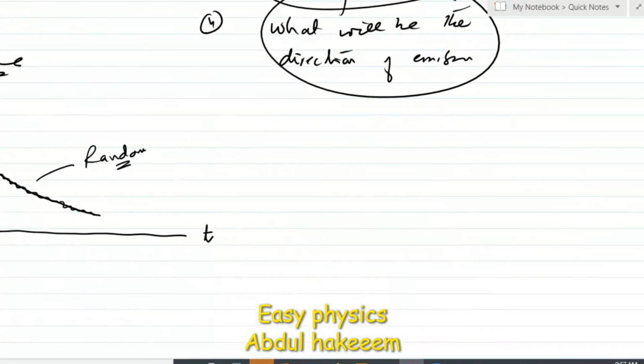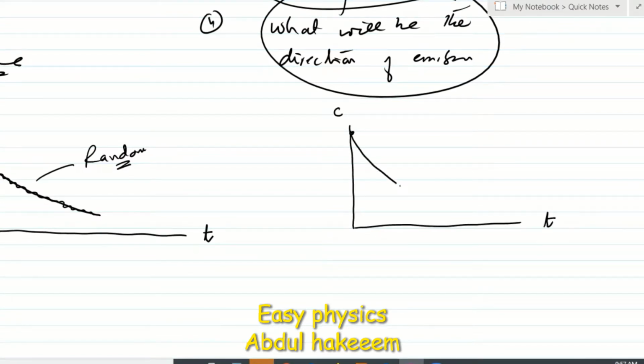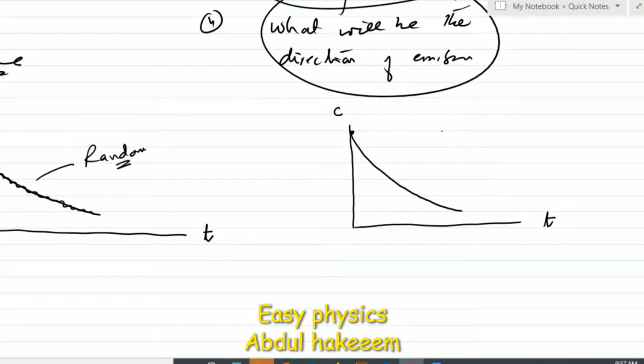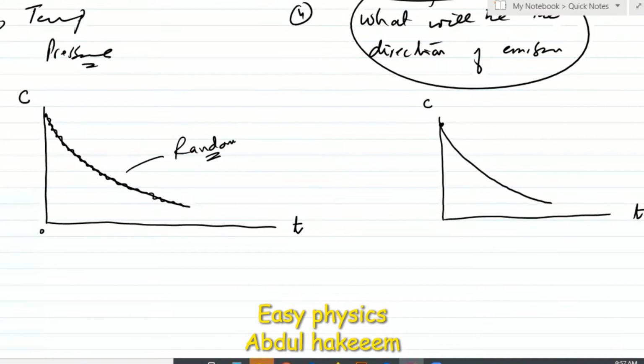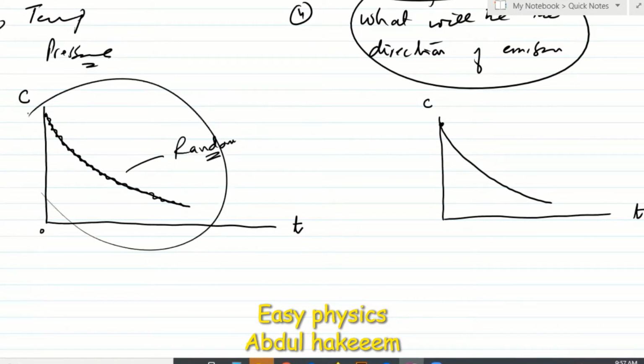And for the spontaneous, if this is the time, this is the count rate, and if this is the trend of the hot sample of the uranium, then definitely this will be for the cold as well. So no effect on the rate of emission. So hot and cold samples of the uranium or any radioactive nucleus will have the same trend, same graph. But when we have to show the random behavior, we have to put these kinks on the graph. So kinks are showing the random behavior.